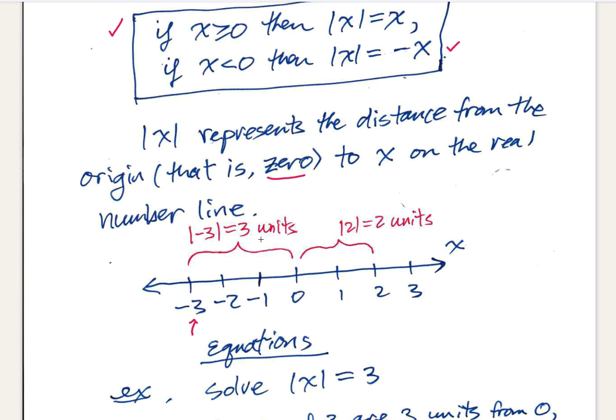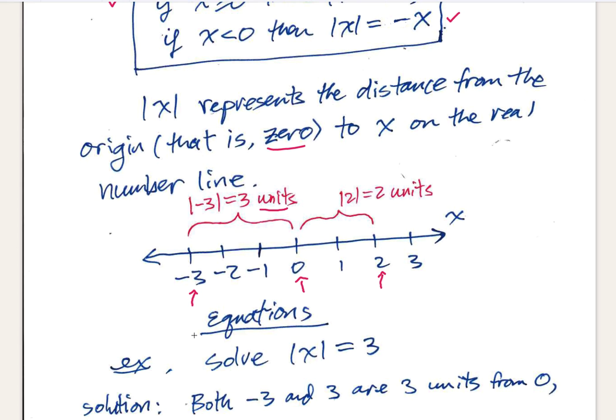Here I've got units just because I have a unit distance measured off on the x-axis. The absolute value of 2 is 2 because 2 is exactly 2 units away from 0 on the real number line. By the way, the absolute value of 0 would have to be 0 under this interpretation also, because 0 is 0 units from 0 on the real number line.